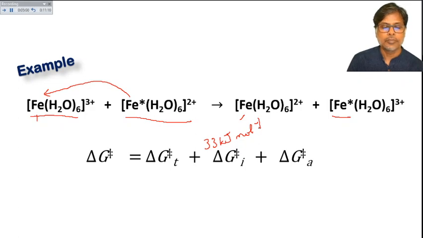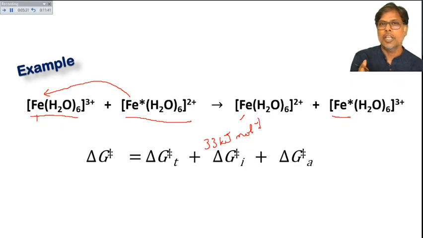The first term, delta G double dagger T, is the energy associated with bringing the two reactants, the oxidant and the reductant, closer. That means you need to do work in order to bring these two reactants closer.